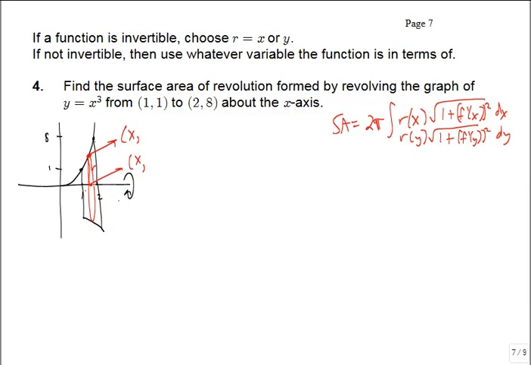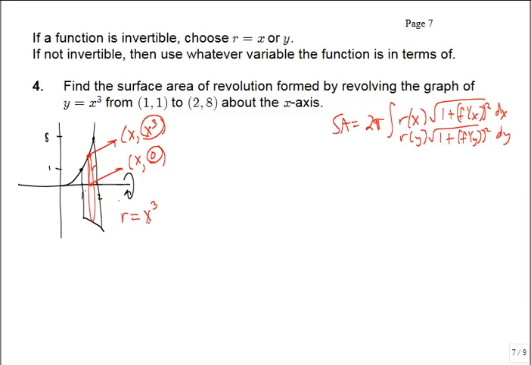The bottom point is on the x-axis, so its y value is 0, and the top point is on the curve, so its y value is the same as this formula, x cubed. So we would say, using disks here, that this radius function would be the top y value minus the bottom y value, which makes this radius function just x cubed.